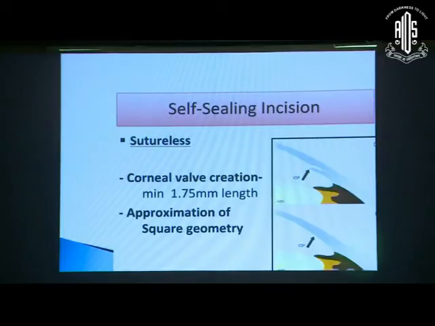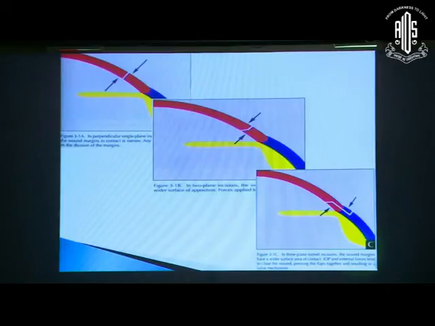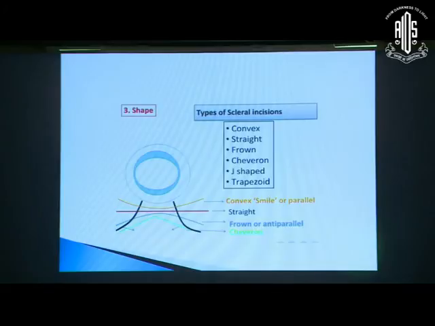A true self-sealing incision is sutureless. A corneal valve creation needs at least 1.75 millimeters length of the incision, and the approximate geometry should be a square geometry. As for how self-sealing is achieved, it is said that the triplanar incision gives the best self-sealing because there is ample space for attachment of the inner lip to the outer lip.